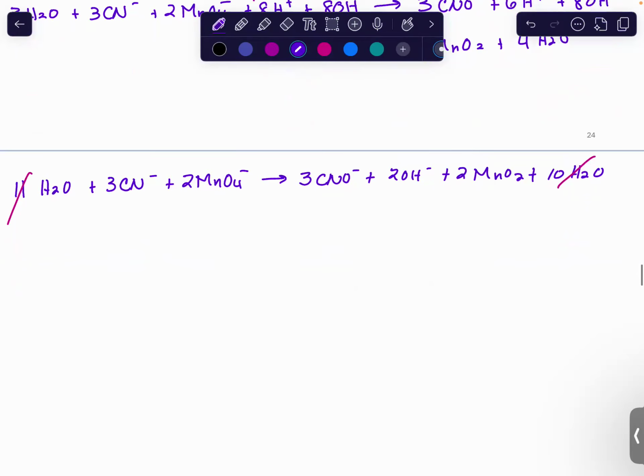Now remember, at the end, you need to make sure all of your compounds have phases. Again, you can wait to put them back in at the end, or you can keep track of them all the way through. They need to be right. Water is a liquid. Ions are aqueous.